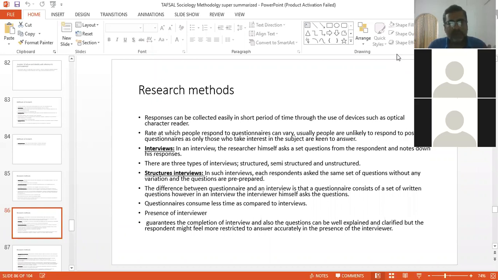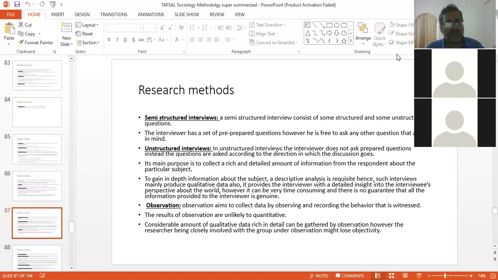Now, in structured interviews, all the respondents are asked the same set of questions, and there is no variation in those questions. Whereas in the semi-structured interviews, there are some structured questions, but there are other questions which are unstructured.